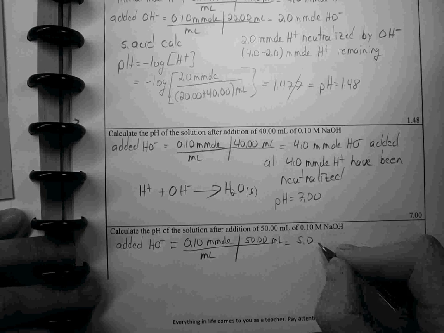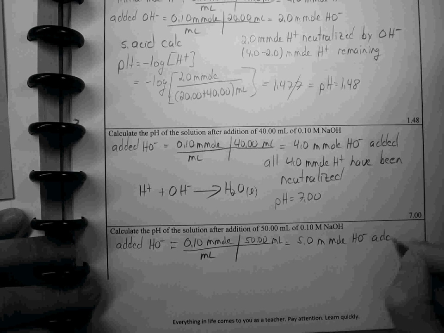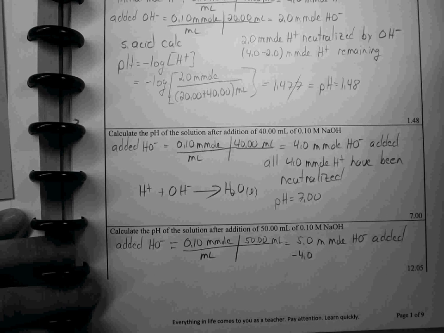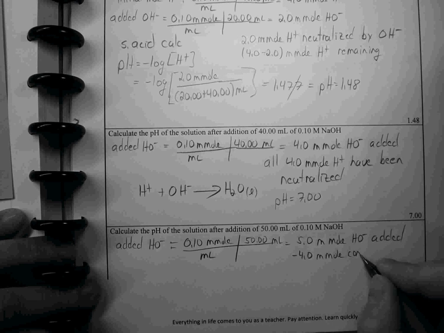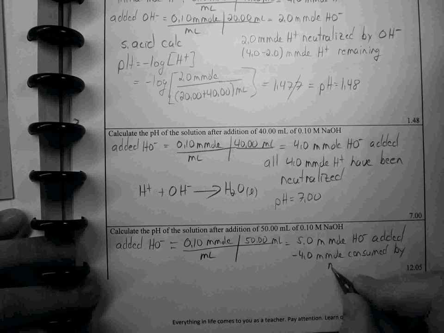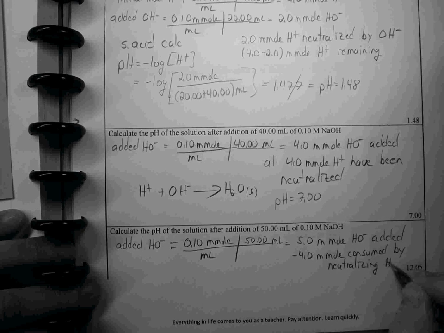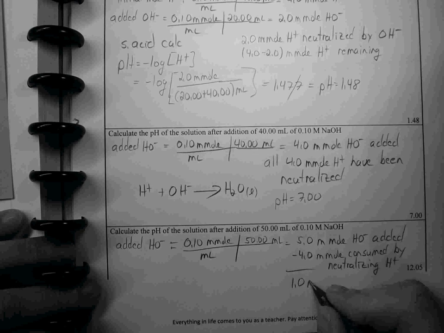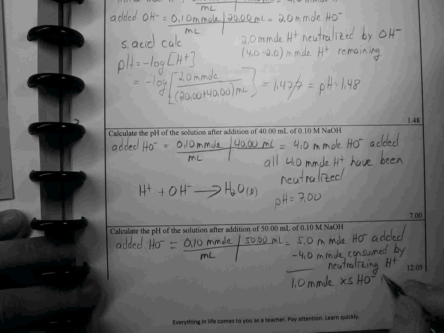So we have 5 millimoles of hydroxide that's been added to the beaker, and 4 millimoles of that has been consumed by neutralizing the acid. So what we have in the beaker is 1.0 millimoles of excess hydroxide.